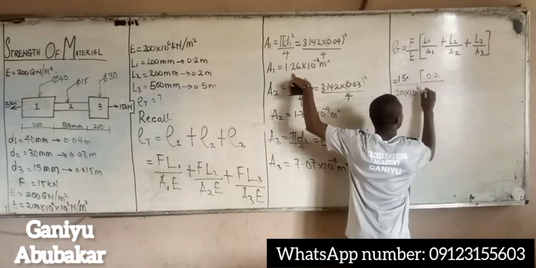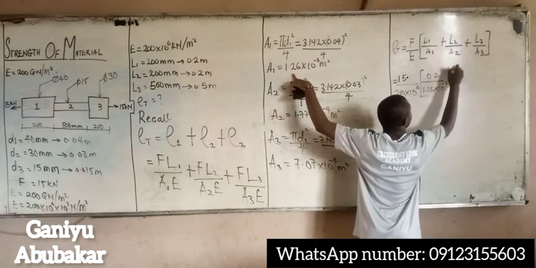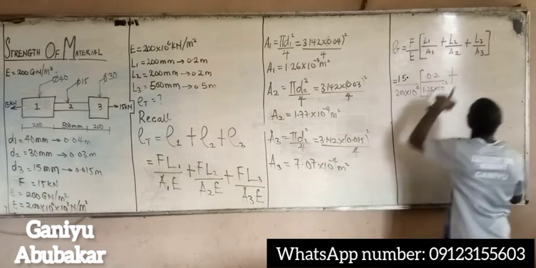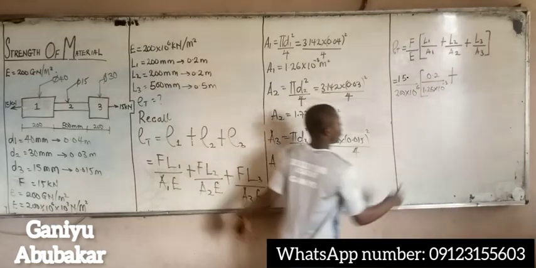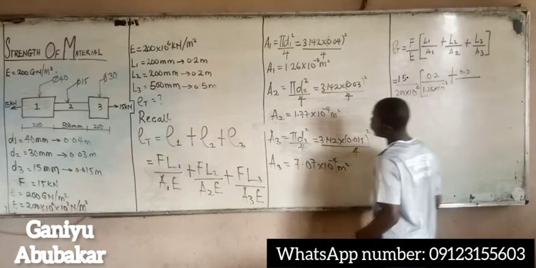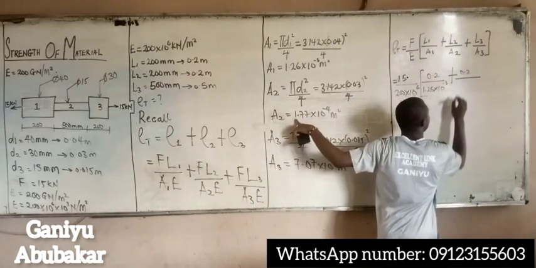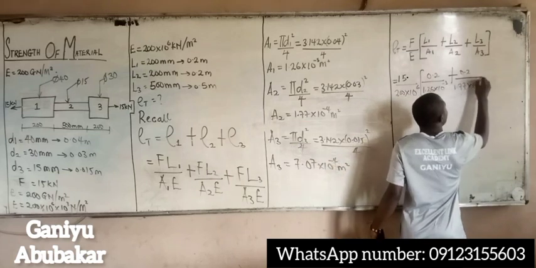A1 is 1.26 times 10 to the power minus 3. Positive, I have L2. What's L2? 0.2. I'm having 0.2 all over A2. A2 is given to be 1.77 times 10 to the power minus 4.